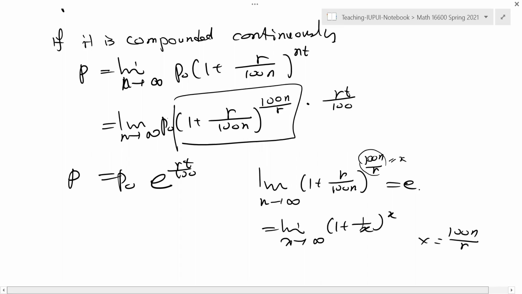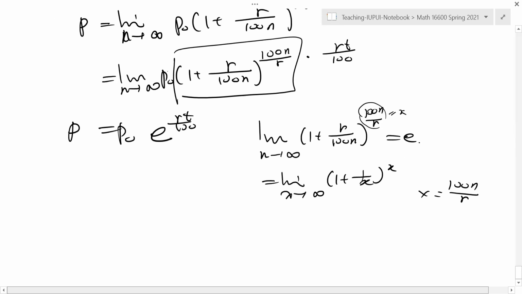Anyway, for the interest, if you're given the annual interest rate, and if it's compounded continuously, it means almost every second, the computer can do that. The bank will not do that. Banks usually say monthly, at the end of each month you get the interest, or sometimes annual. Then you will get this formula. It's exponential growth.